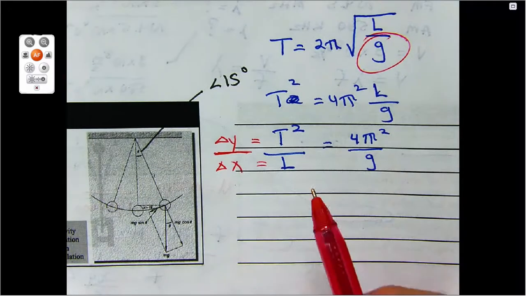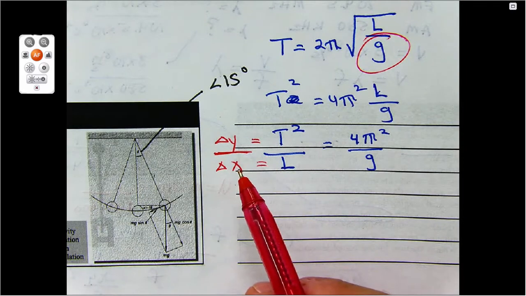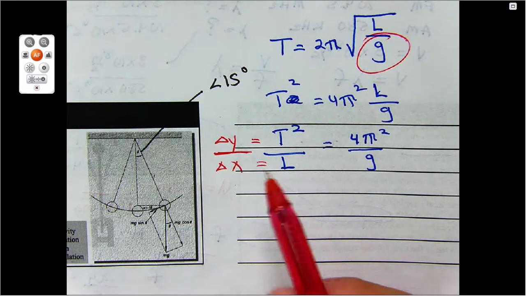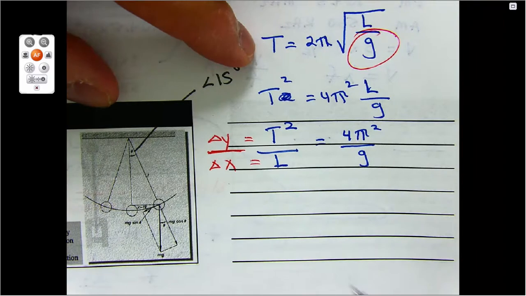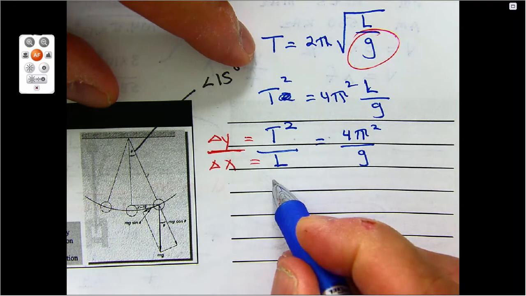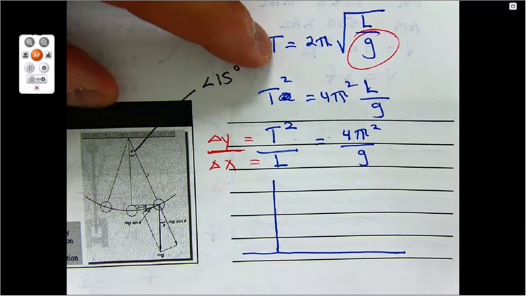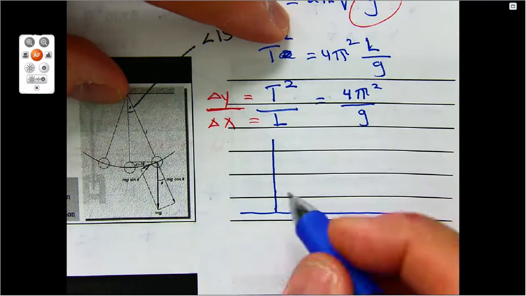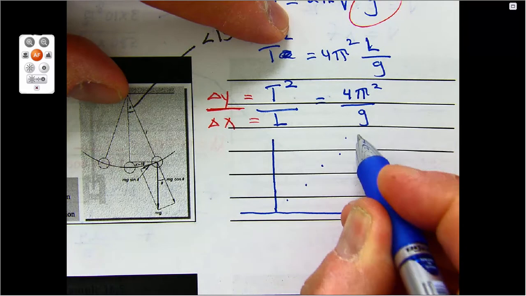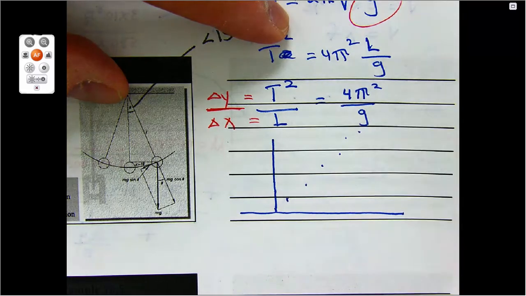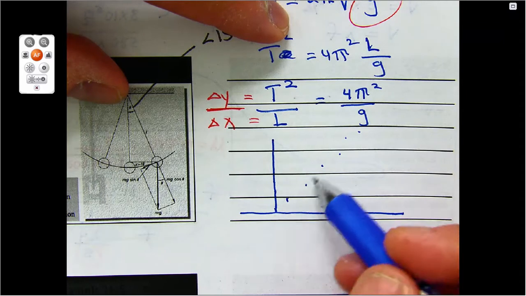So if we put period squared on the Y-axis, our different lengths on the X-axis, changing Y over changing X, what do we have? We got slope, right? So we're hoping we're going to graph 5, 6 different lengths here. We should get a straight line, right?